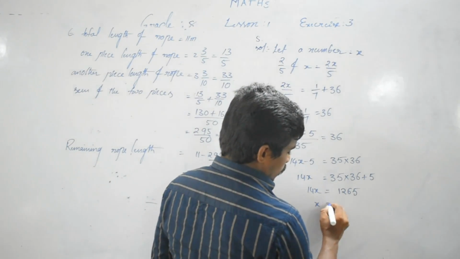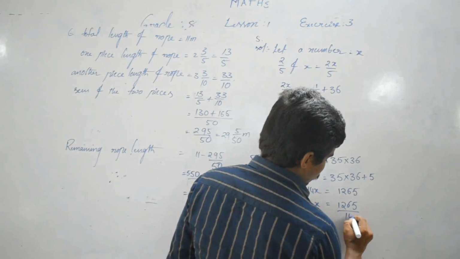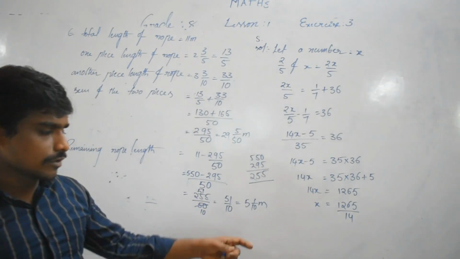So x equals 1265 by 40. So now cancellation.